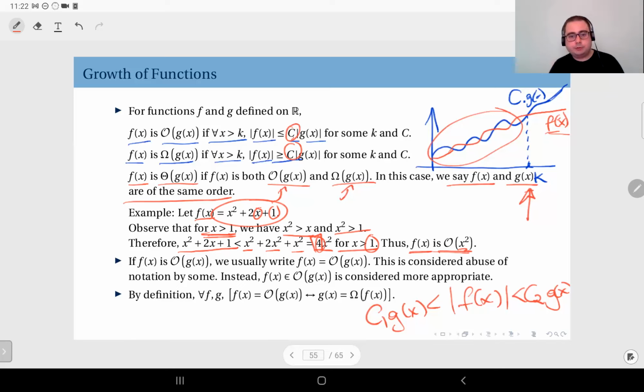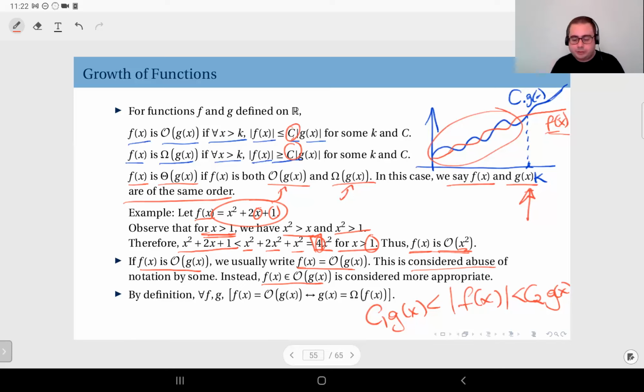Now, with respect to notation, we usually say f of x is big O g of x, but sometimes we write f of x equals big O g of x. This is a very widespread notation. It's a little bit ambiguous because it's not really equality in the sense that we know it. So sometimes this is considered abuse of notation, and some people prefer to use an element-of notation: f of x is an element of big O g of x.